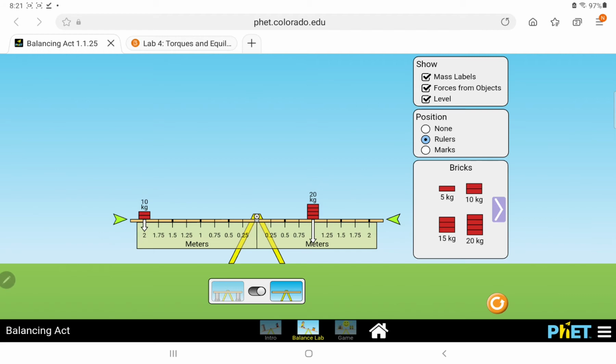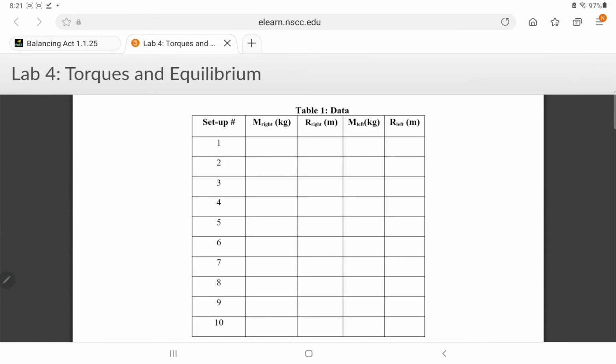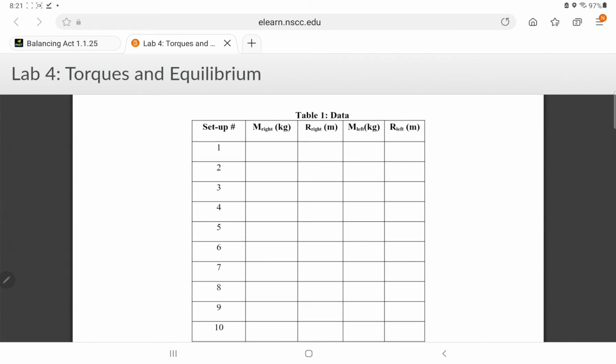Let me go back and put the data here. The first data was 5 kilogram at 1 meter on the right, and 10 kilogram at 0.5 meter on the left. The second data was 20 kilogram at 1 meter, and 10 kilogram at 2 meter, right? Similarly, you can take different sets of masses and make the balance.